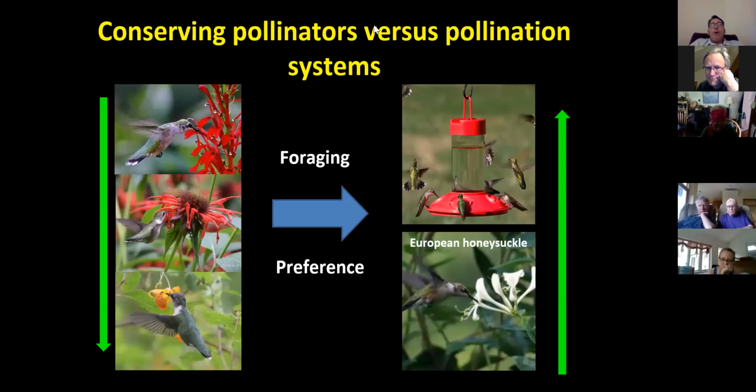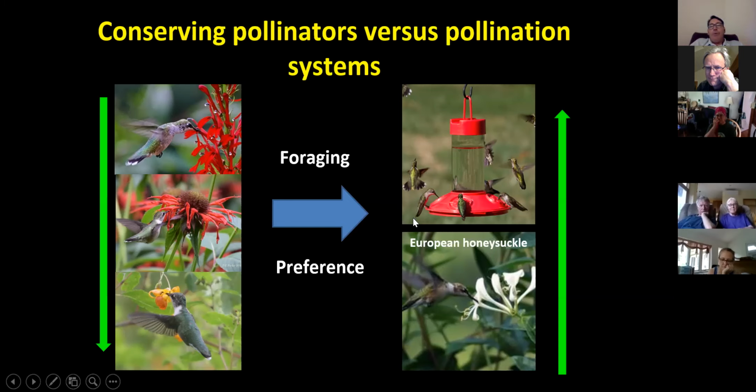So to drive this point home, when you say, let's conserve the pollinators, let's save the bees, versus let's save pollination systems, the difference is, and this is using hummingbirds instead of bees as an example, if I could put up hummingbird feeders, everybody loves them. Look at all the birds I have, great. If you're a hummingbird and you have the choice of going to hundreds of flowers and moving around and trying to find them versus going to one-stop shopping where you get unlimited supply of nectar, where are you going to go?